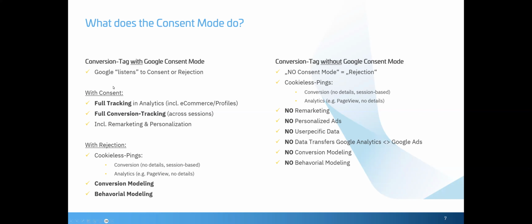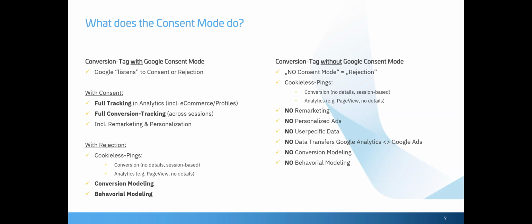If the user accepted, Google will do the full tracking in analytics, including all of your e-commerce stuff, profiling, etc. It will do a full conversion tracking also across sessions. So if I click today and then I order something tomorrow, it will connect these two sessions together and will know, aha, I clicked on this ad today and this conversion tomorrow belongs to this ad, etc.